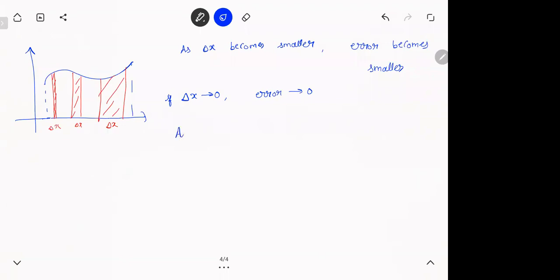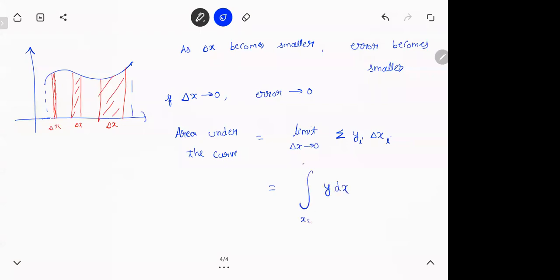So then we can say the area under the curve. We can get rid of this error by making the slices as thin as possible. So we call it limit delta x tends to 0 of sigma yi delta xi. So this thing becomes an integral y dx.